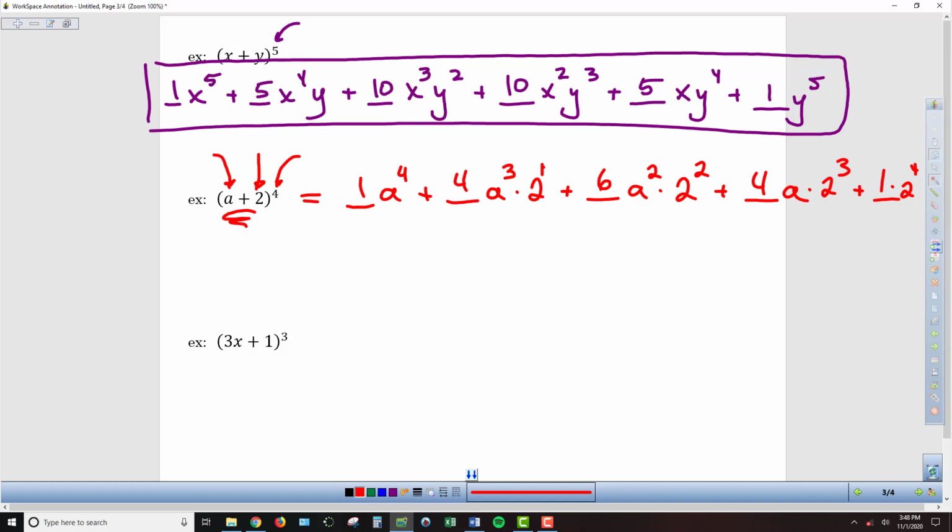So there was just variable terms, as we see here, x to the third, y squared, x squared, y cubed, and so on. But now, because we have a number as the back end of our parentheses, so as part of each of these terms, we have to multiply everything out by that 2 and the coefficient that's out in front. So we have to just simplify each of these terms.